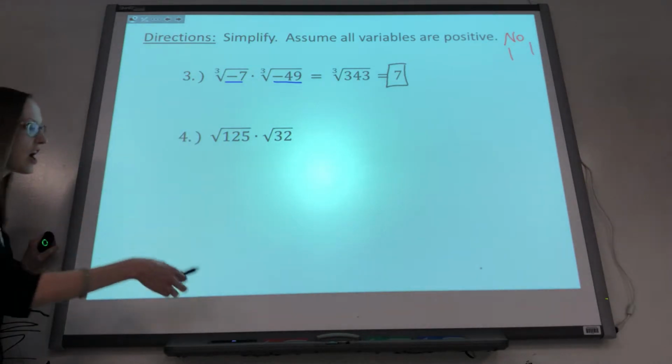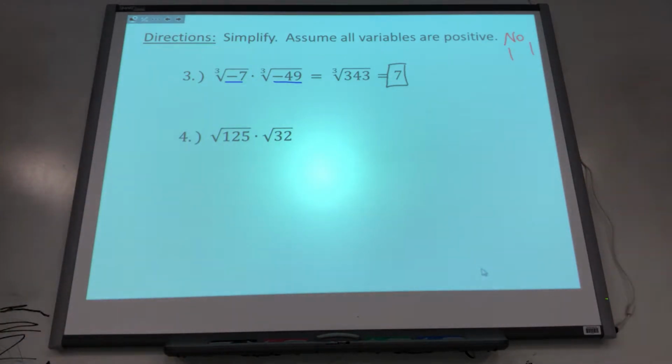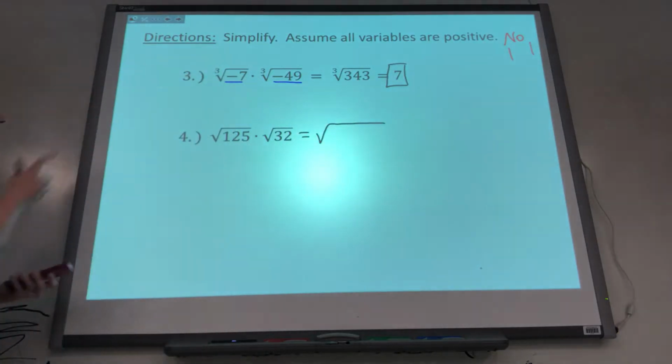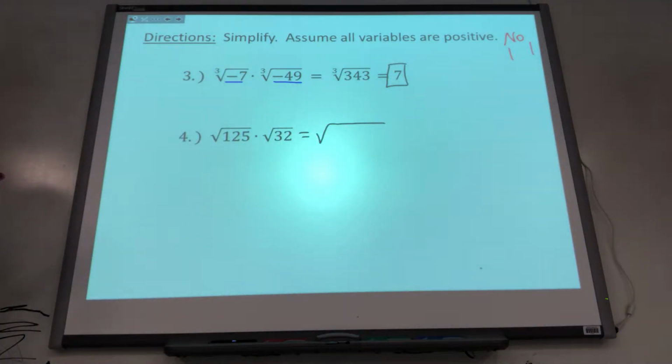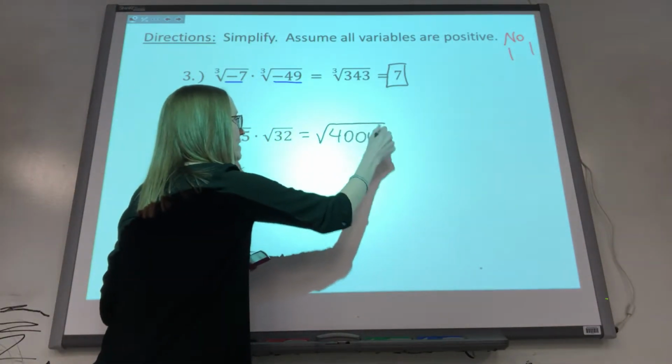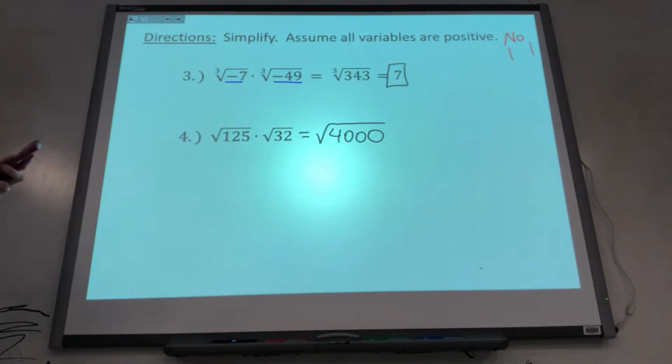Now, let's try a little bit more here. Number 4, this is the square root of 125 times the square root of 32. I'm going to try and do this one like I did that one. I'll take 125 times 32. That gives me 4,000.